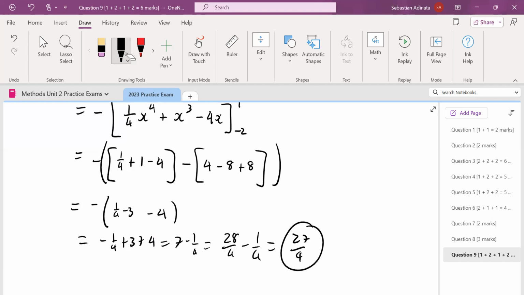This is your answer, and obviously, units squared.